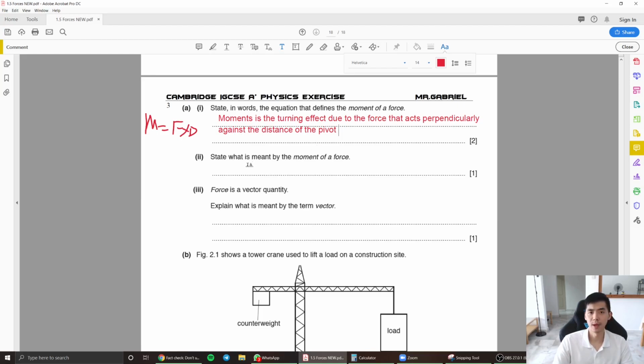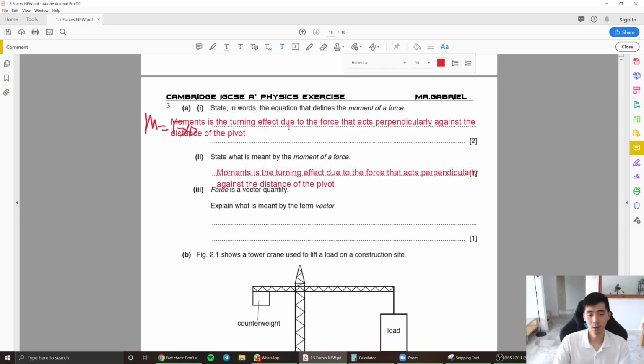State what is meant by a moment. Oh, this should be at the bottom here. And this is just the product. Force times distance, sorry.